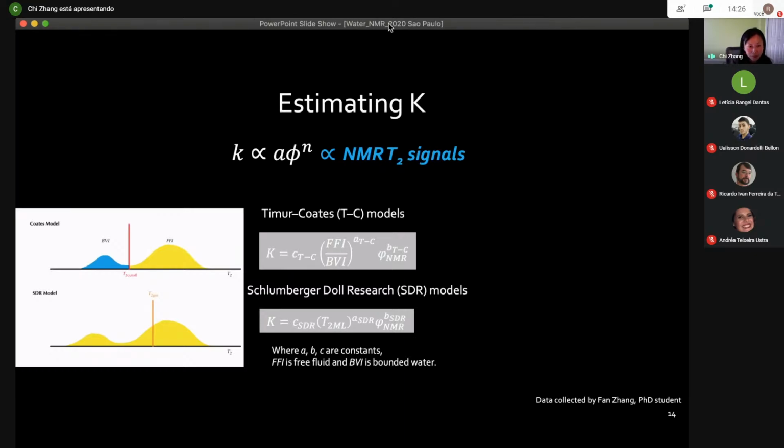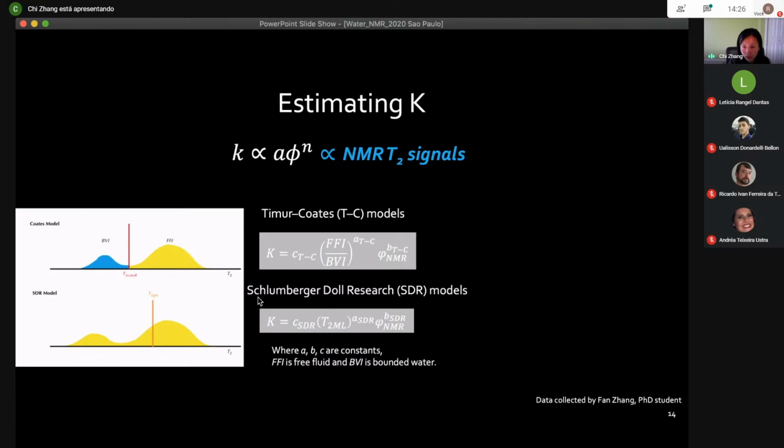So for NMR per se, we basically have two types of K estimation models. The first model is called the Kenyon-type SDR... the first model uses the cutoff time to basically divide the free fluid from the bound water, and considers the free fluid to be the only component contributing to the hydraulic conductivity.